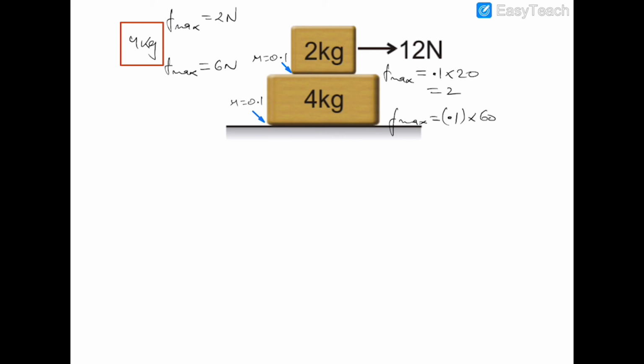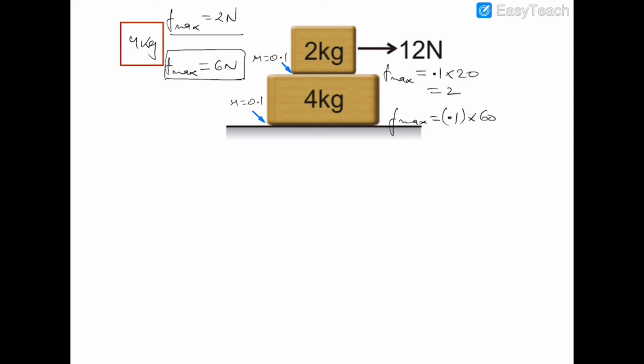So if the 2 kg is moving in forward direction, it would be applying some friction force on the 4 kg, and that friction force, which is maximum 2 Newton, will try to move this 4 kg. But you can also see that the force which will restrict this 4 kg block on the ground has a maximum value equal to 6 Newton.